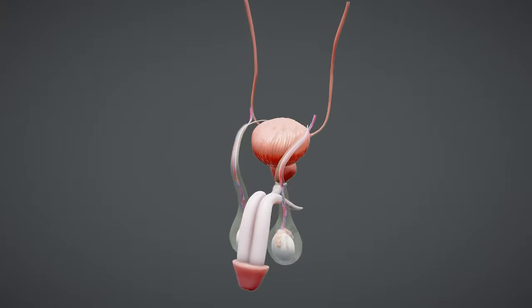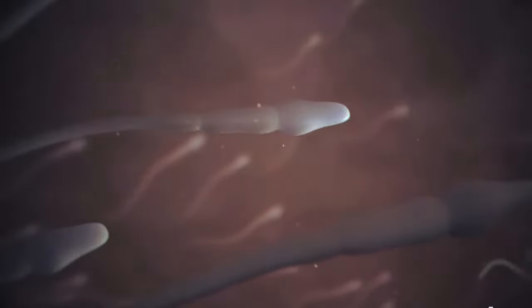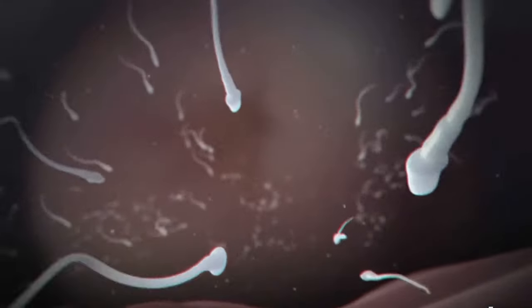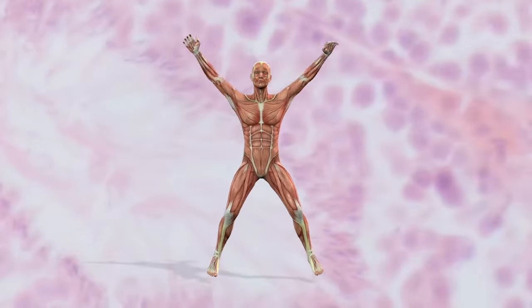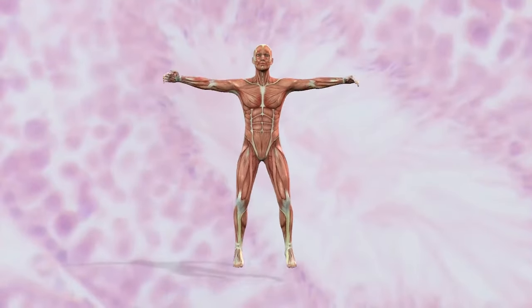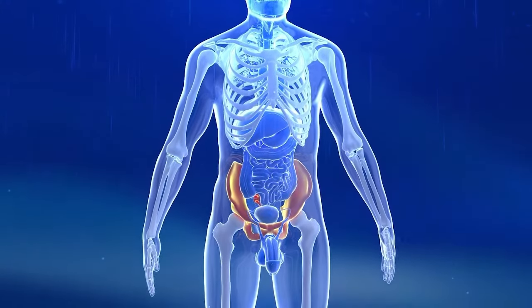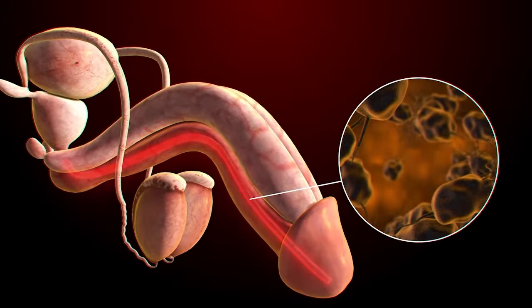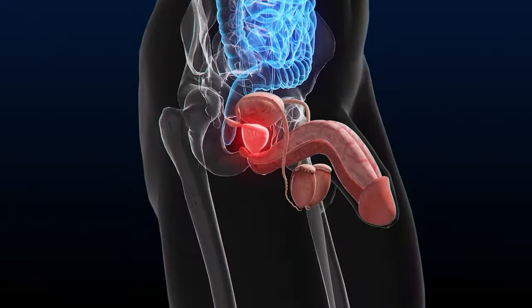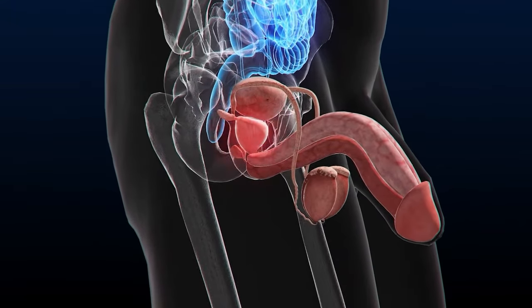So in conclusion, the male reproductive system is not only essential for reproduction, but also plays a significant role in overall male health and vitality. Beyond the production and transport of sperm, the system is deeply involved in hormone regulation, particularly through testosterone, which influences everything from muscle mass to mood. The health of this system can be an indicator of broader physiological well-being, making it important to address any issues such as hormonal imbalances or reproductive complications early.